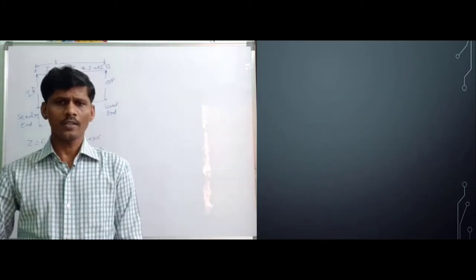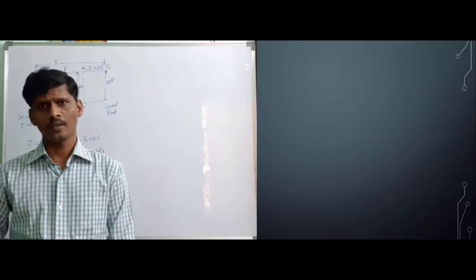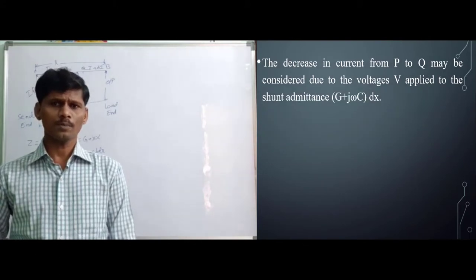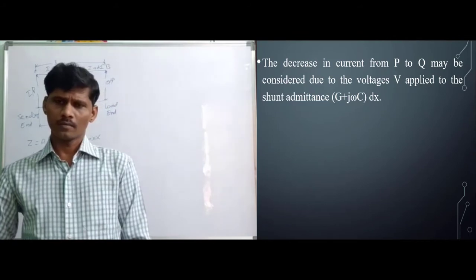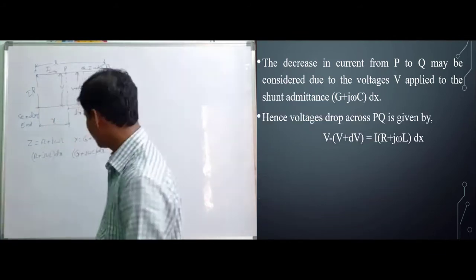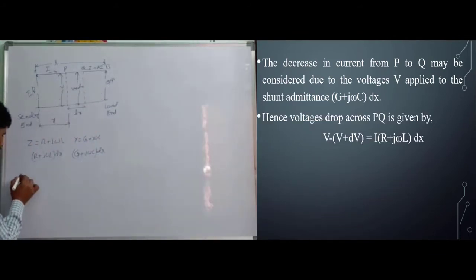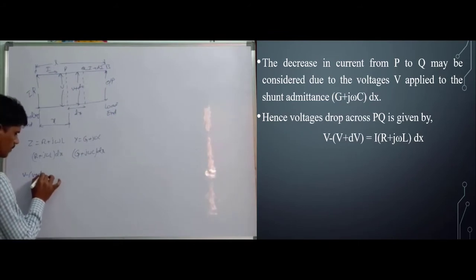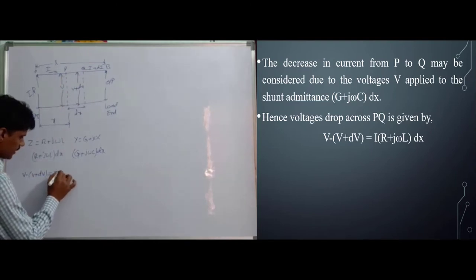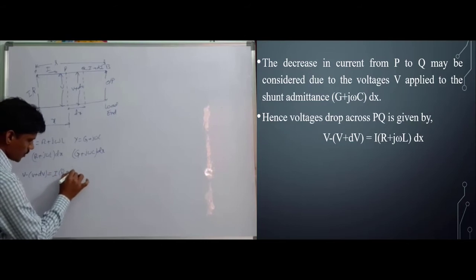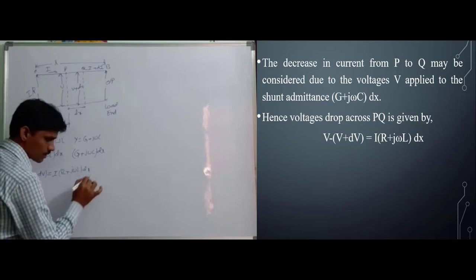So now let us calculate the voltage and current expressions. The voltage drop across PQ is given by V minus V plus dV, which is equal to the current I flowing through the series impedance of the short section, that is I into R plus j omega L into dx.